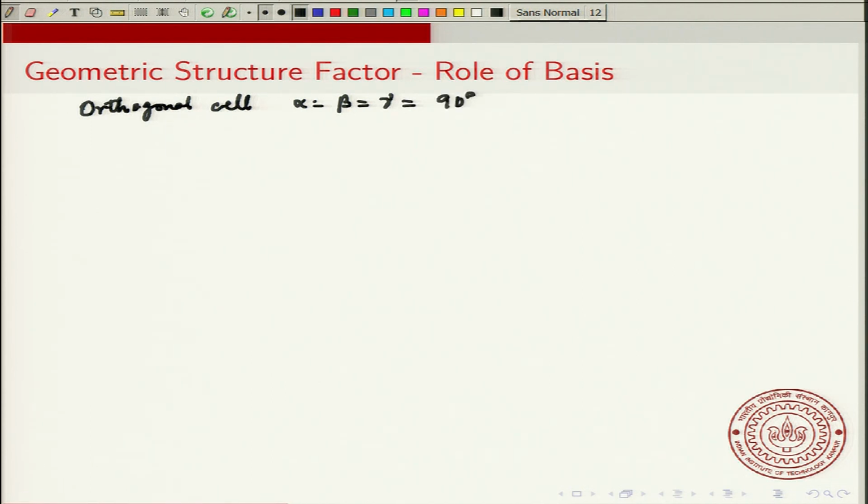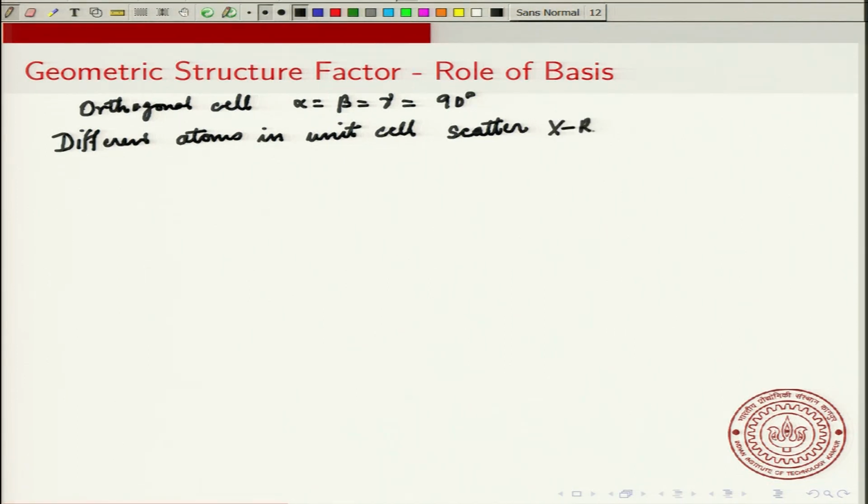So, if you take such a cell, then the different atoms in the unit cell scatter X-rays with different phases.